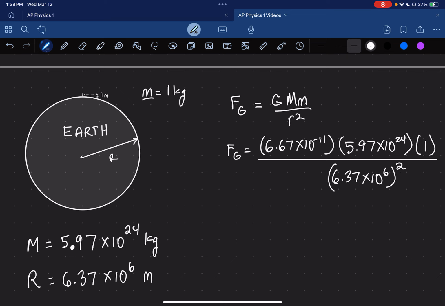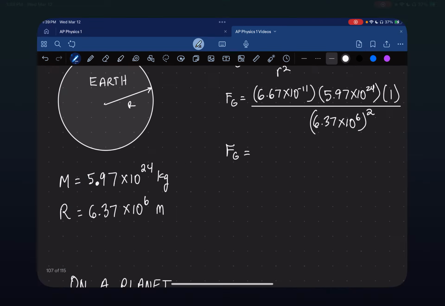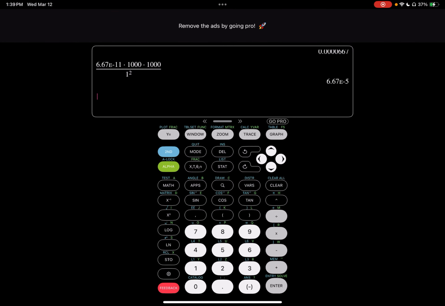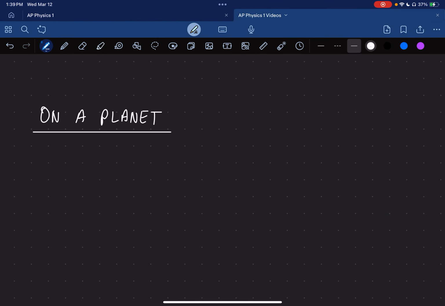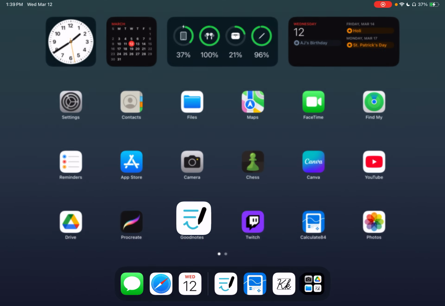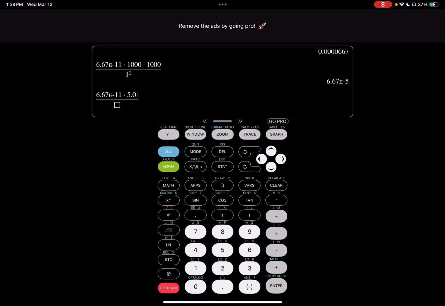One thing people forget is the squared on the bottom. So 5.97, trying to memorize everything, but let's just type this in. What was it, 5.97? See, I've already forgotten. 5.9724. And then we'll put 1.